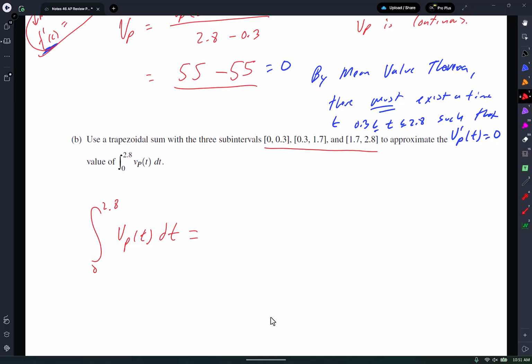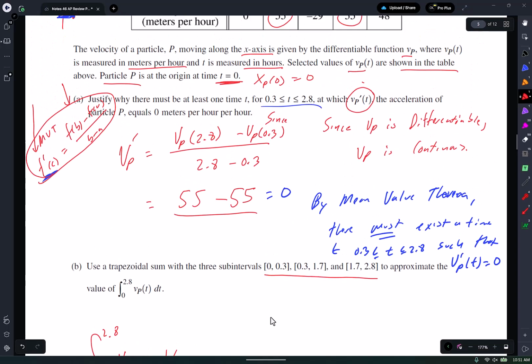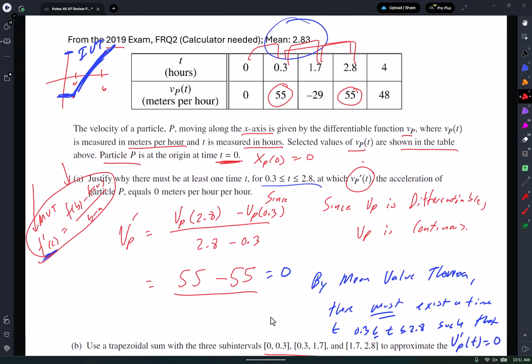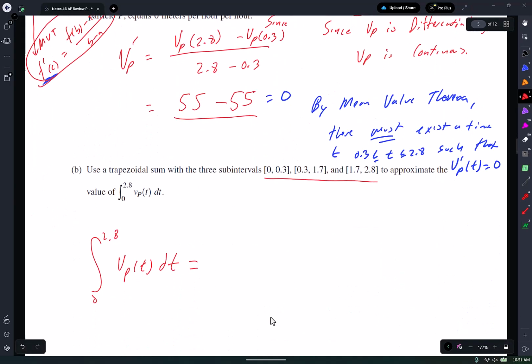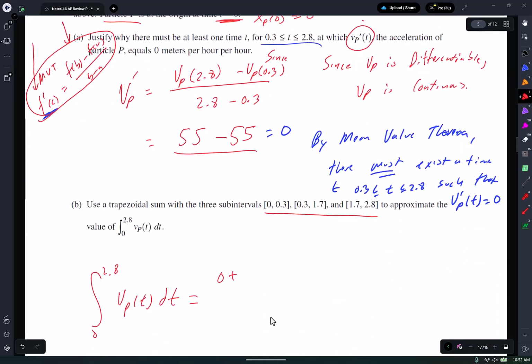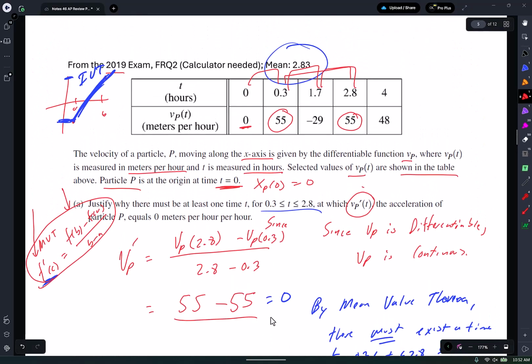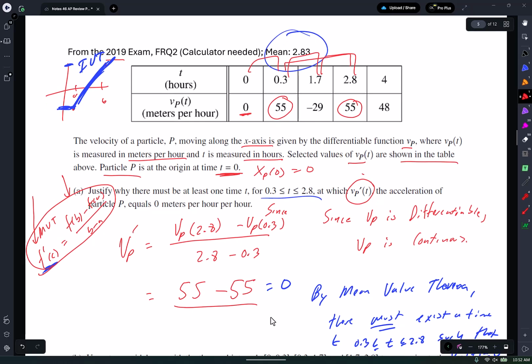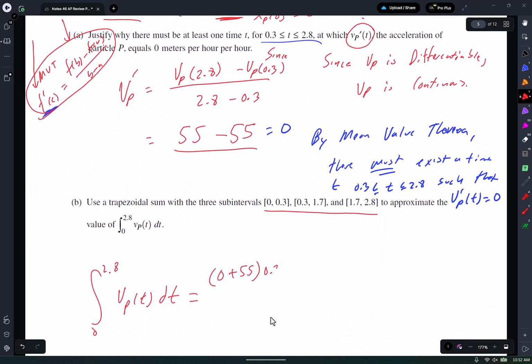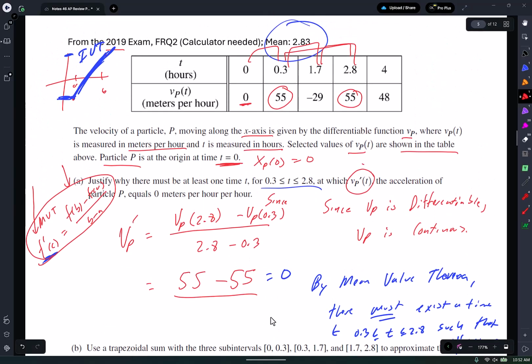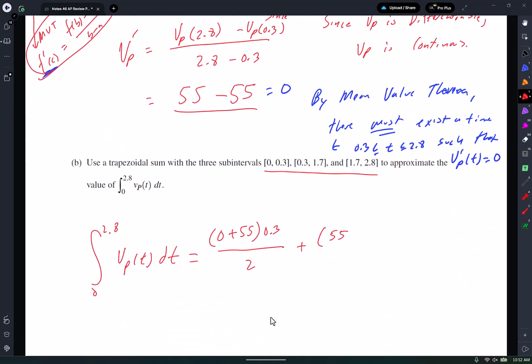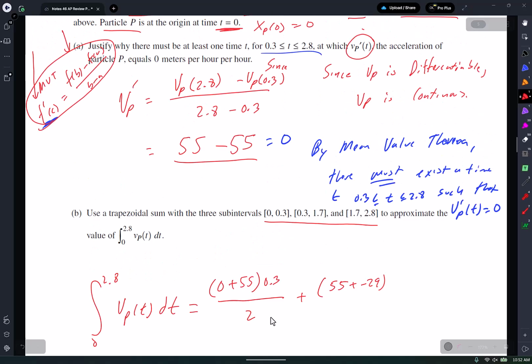And I do have a calculator, by the way. So I'm going to go, my first base, 0 plus 55 times, what's the difference between 0 and 0.3? 0.3, all this divided by 2, plus 55 plus negative 29, close it.